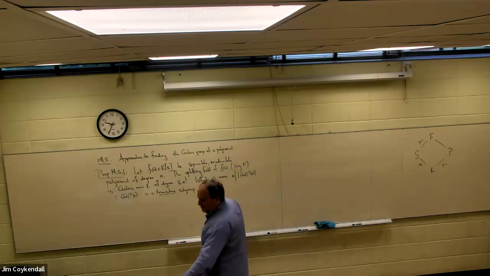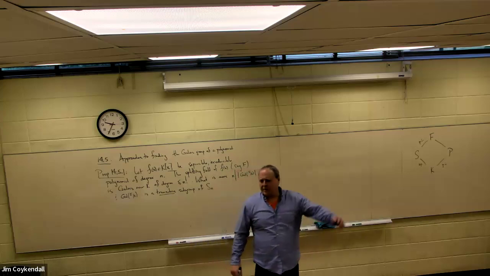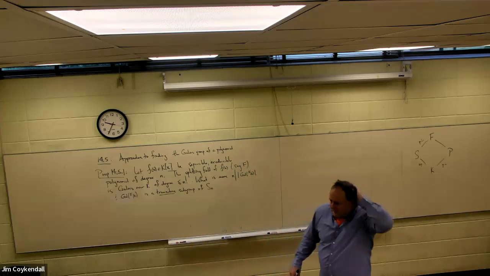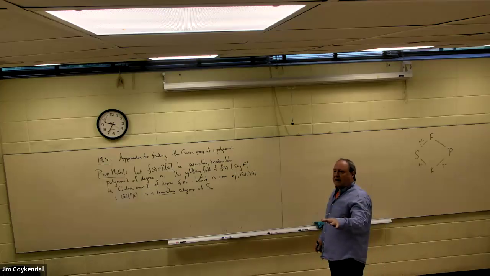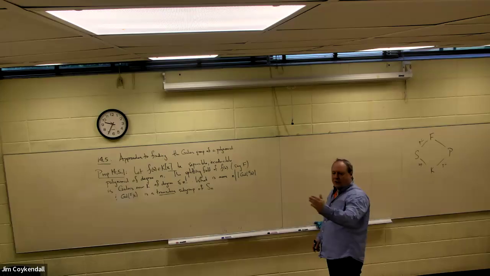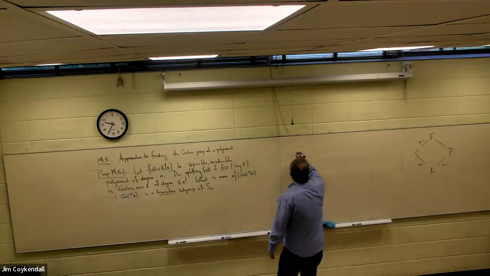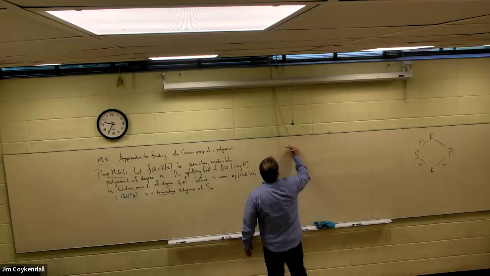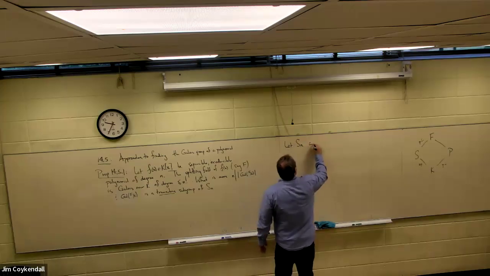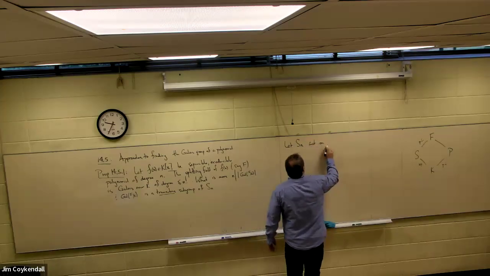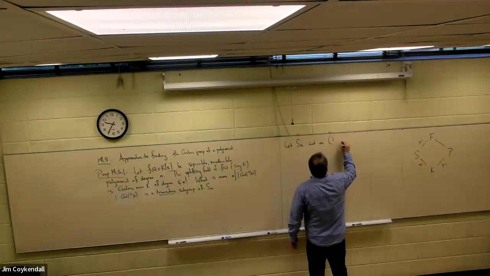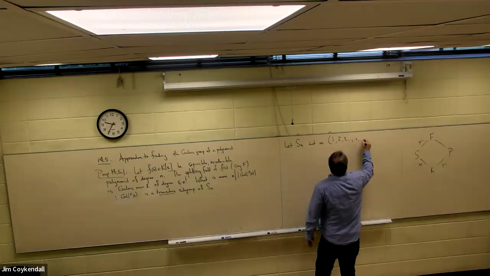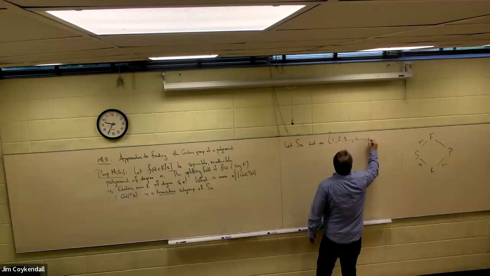Anybody remember what it means to be a transitive subgroup of S_n? Think of S_n very practically, acting on 1, 2, 3 up to n. Is it just transpositions? Not quite, not just generated by them. 1, 2, 3, ... i, j.